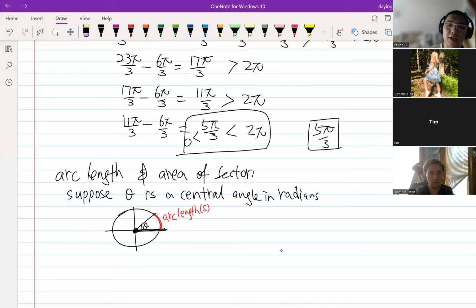So the arc length S is equal to R times theta. But theta must be in radians. If theta is not in radians, then we cannot use this equation.